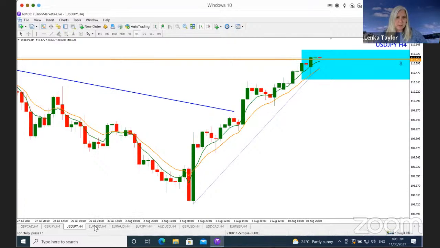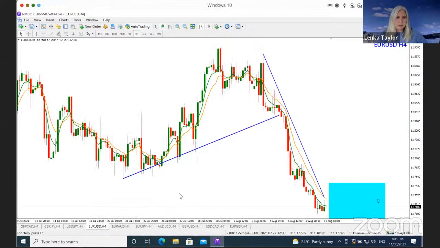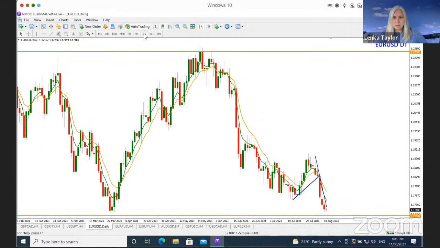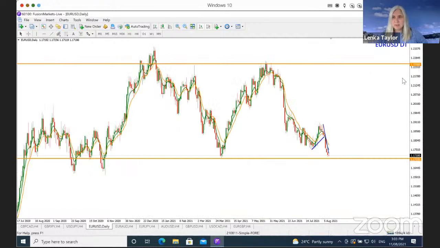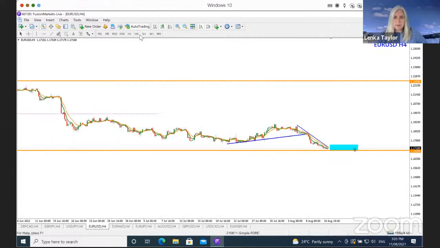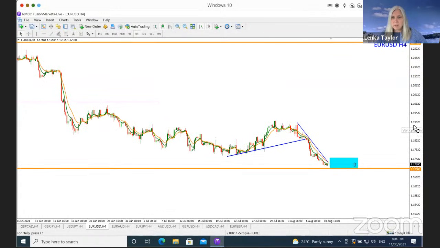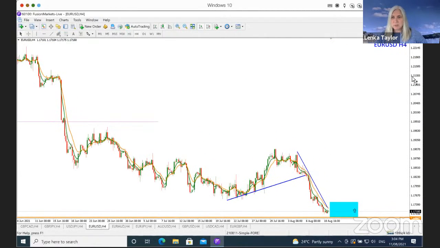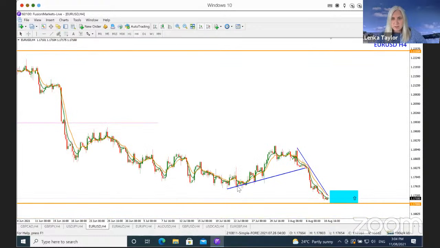The next currency pair I'm looking at is EURUSD. And EURUSD, I'm looking for long. This currency pair, I'm looking at it as a ranging market, and so I'm looking to go long off the bottom there. At the moment, it has been approaching for quite some time.